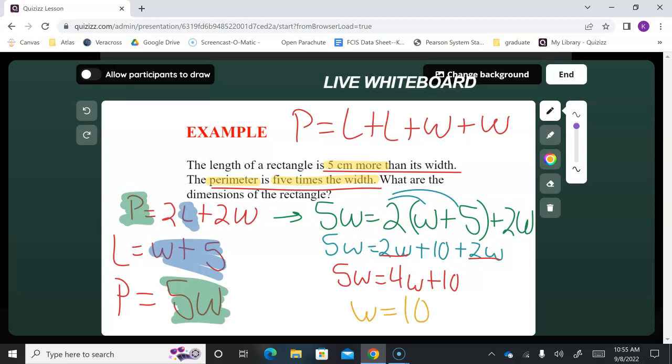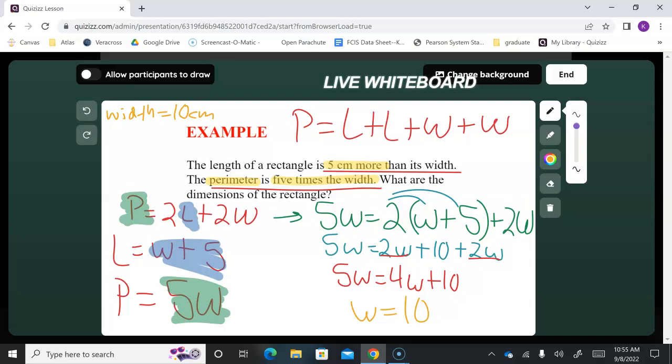Okay. Now my width is 10. So now I know my width is 10. Okay, so I found one of the dimensions of my rectangle. I have a width of 10 centimeters. So width is 10 centimeters.